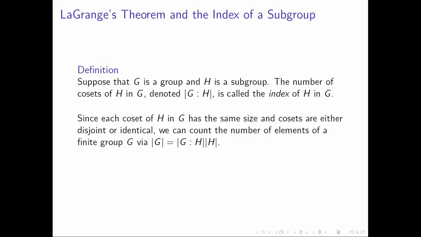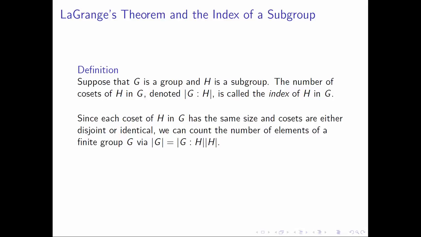This holds because every element of the group belongs to some coset, so we're definitely getting a count of at least the order of the group, and we're not getting too much because the cosets don't overlap, so we haven't overcounted when we count the number of cosets times the number of things in them. We haven't counted anything twice since cosets either are exactly equal or entirely disjoint. So we get this count. The order of the group is equal to the size of the subgroup times the index of the subgroup inside the group G, which is a very important and useful formula for us.